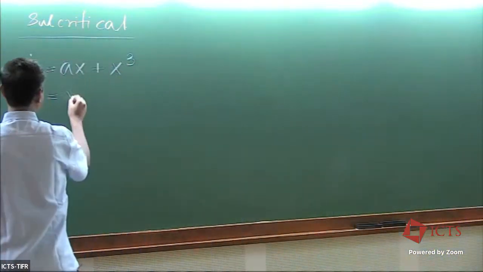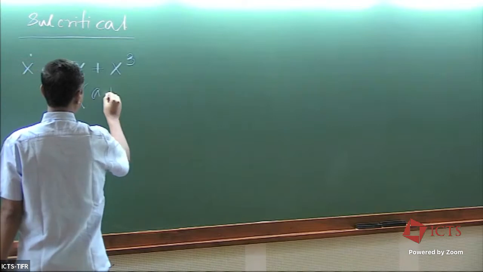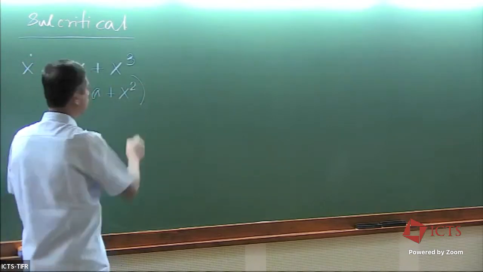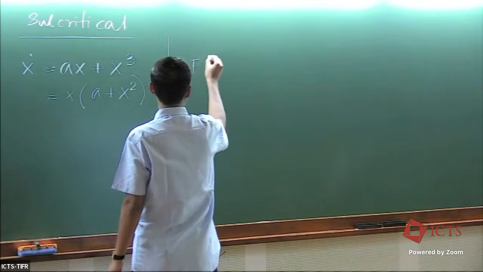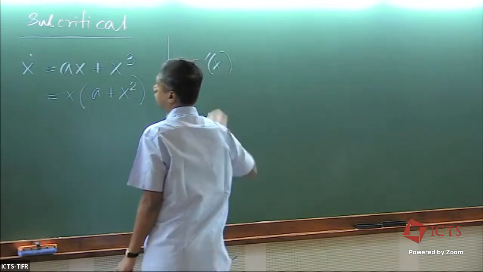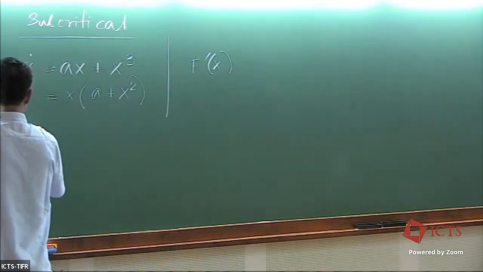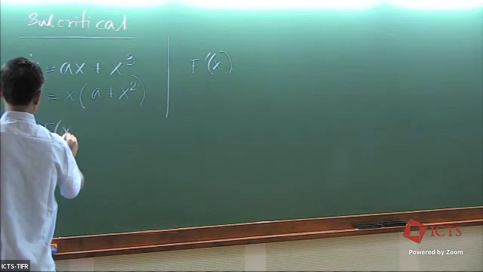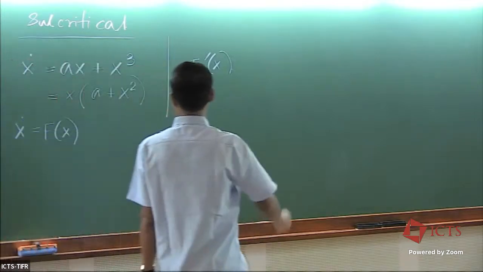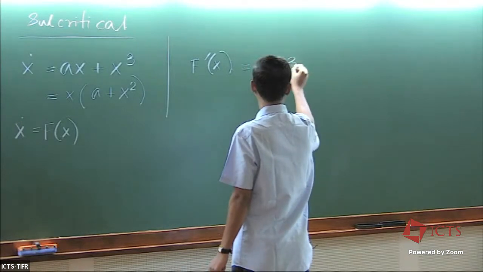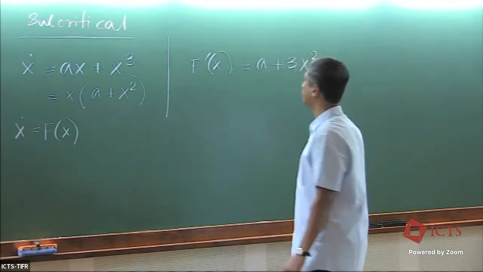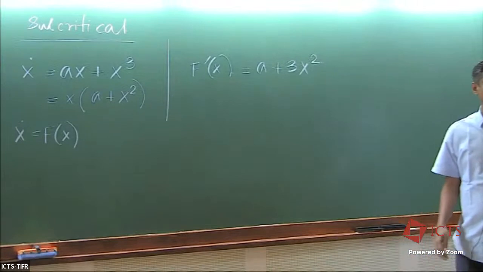So we have x dot equals a x plus x cubed, right? And f prime x, if I say x dot equals f of x, then f prime x is a plus 3x squared, right?